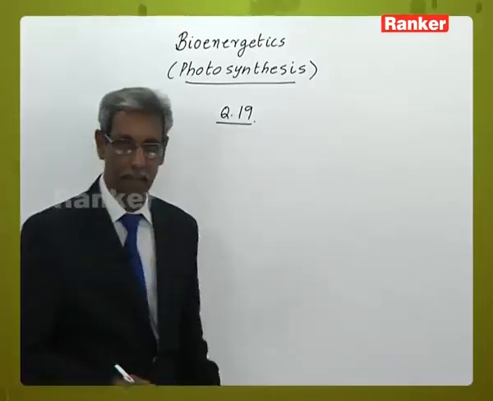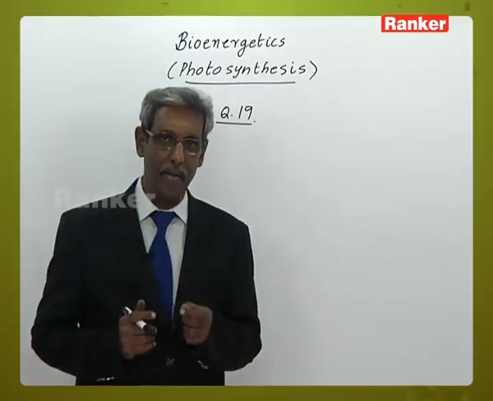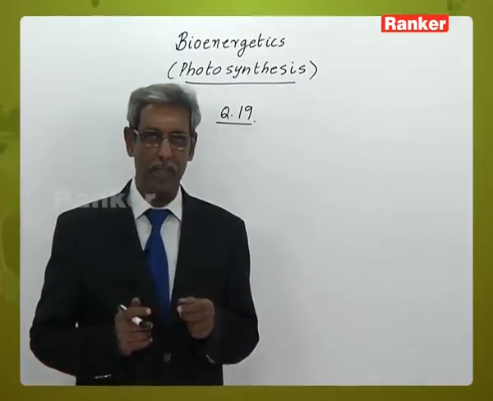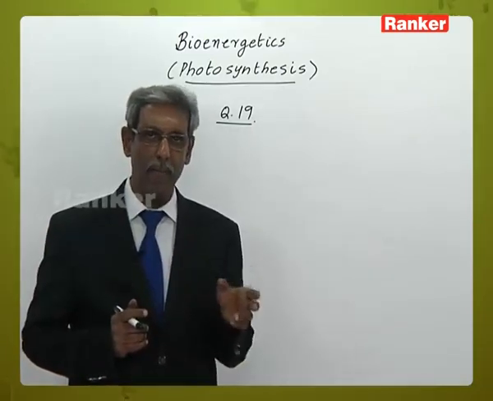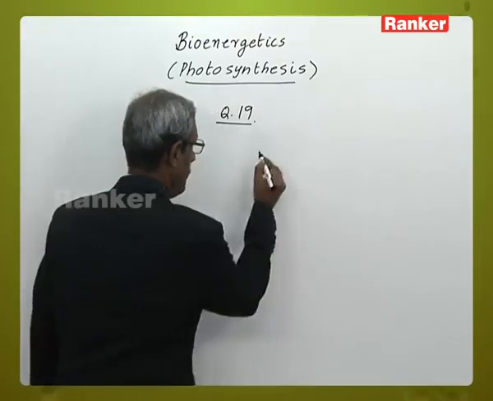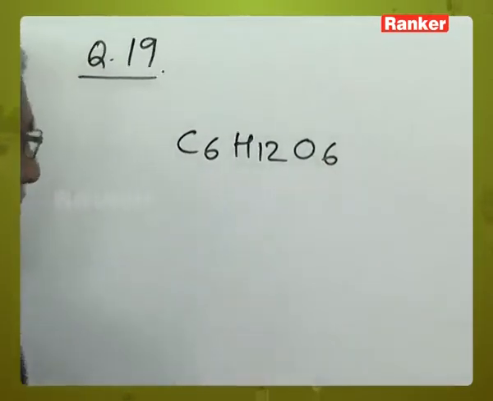Question number 19. Synthesis of one molecule of glucose involves dash turns in the Calvin cycle. A is 3, B is 6, C is 12, D is 16. As you understand, in the Calvin cycle, carbon dioxide combines with water in the presence of chlorophyll, forming a molecule of glucose, which is C6H12O6.